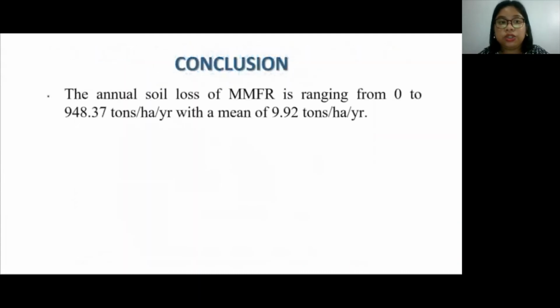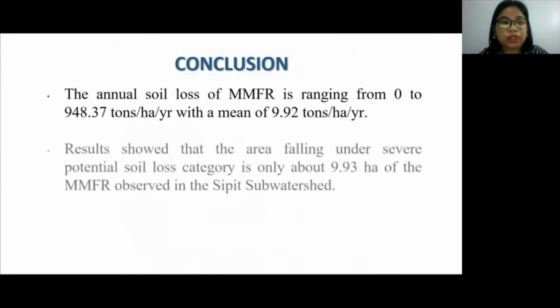So in conclusion, the annual soil loss of the MMFR ranges from 0 to 948.37 tons per hectare per year, with a mean of 9.92 tons per hectare per year. Results showed that the area falling under the severe potential soil loss category is only about 9.93 hectares of the MMFR, and it was observed in the Sipit watershed.